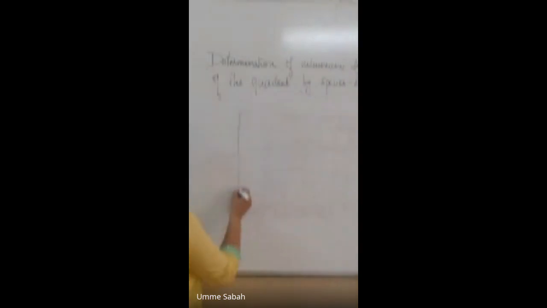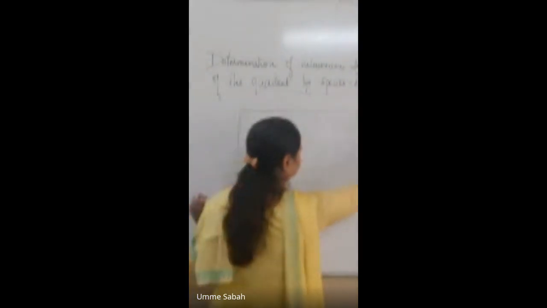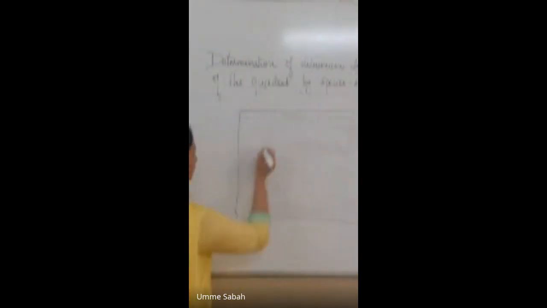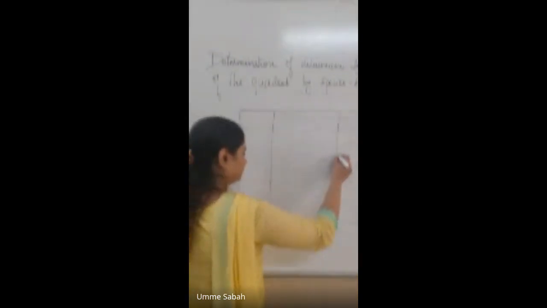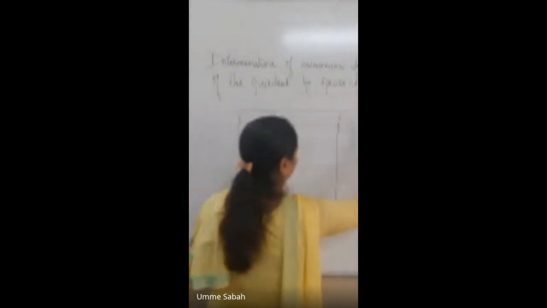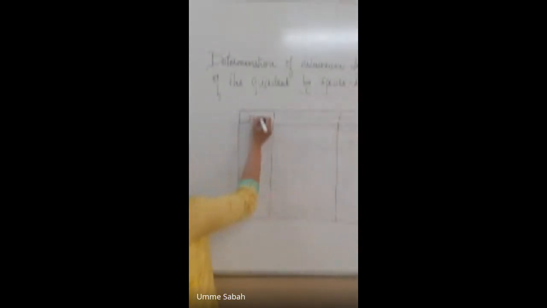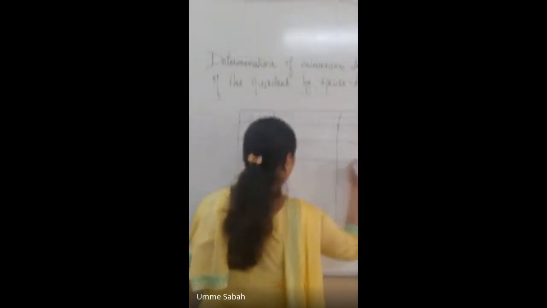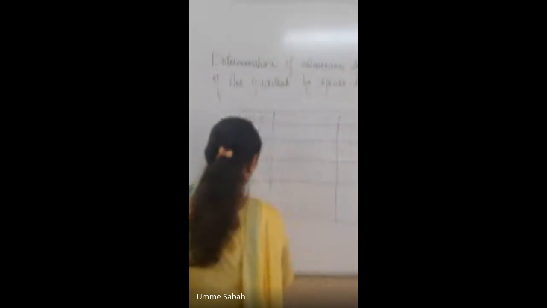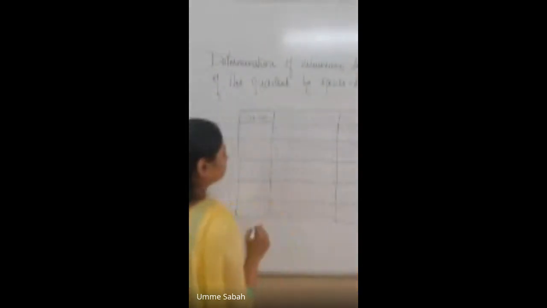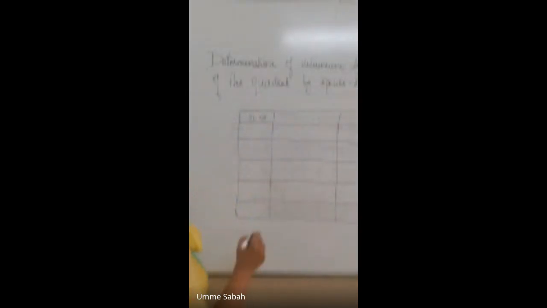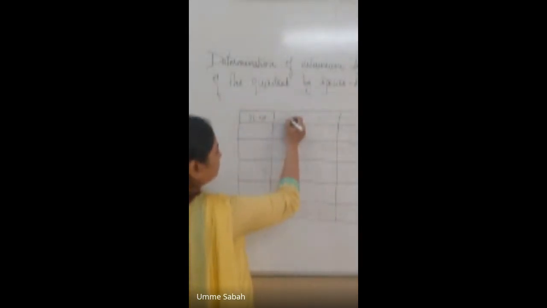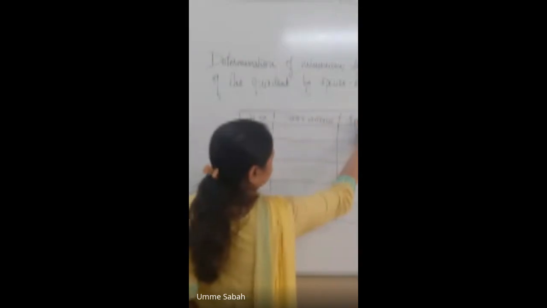Okay. So first column will be a serial number. Second is quadrat. Quadrat identified. And third is species.